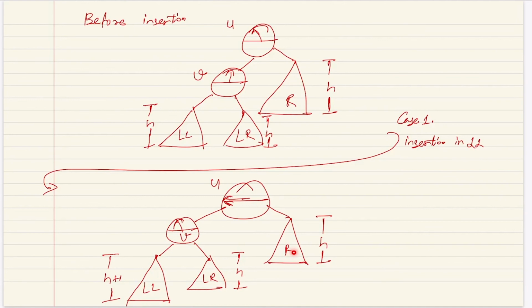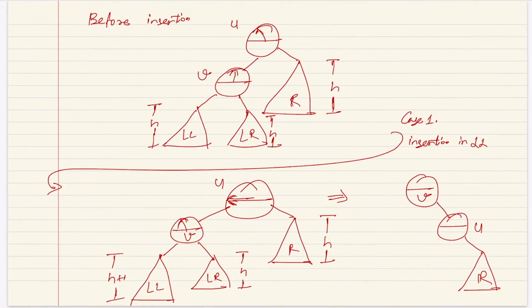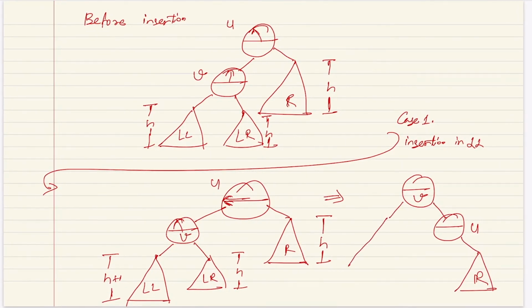Let me just show you what happens after this rotation, and then we will go into what a rotation is and what we actually do. If you rotate around V, V comes on top, its right child becomes U. We will see the balance factors later. U has its right subtree intact, V has its LL intact, and LR attaches to U.